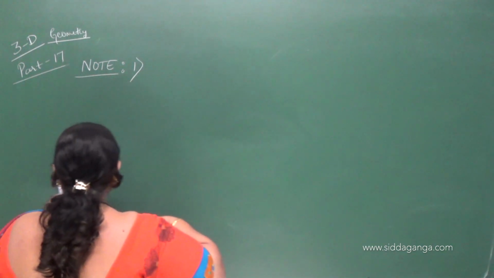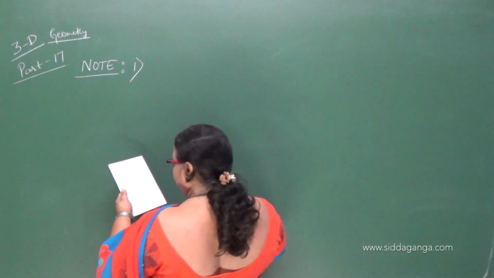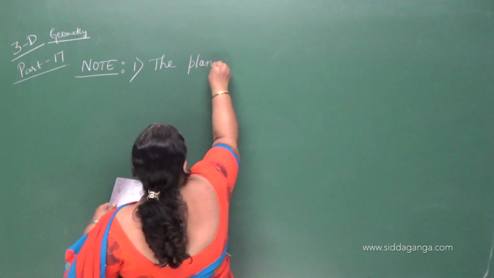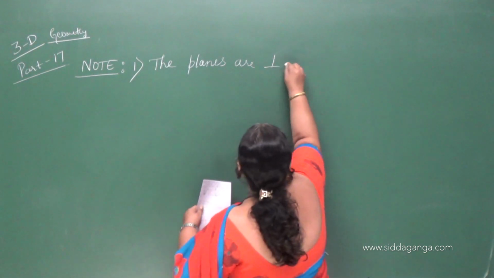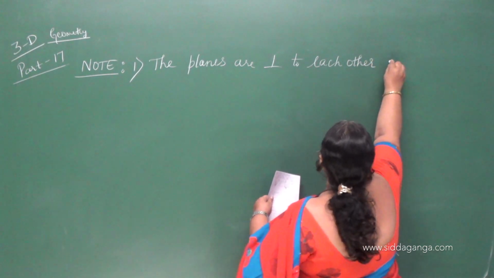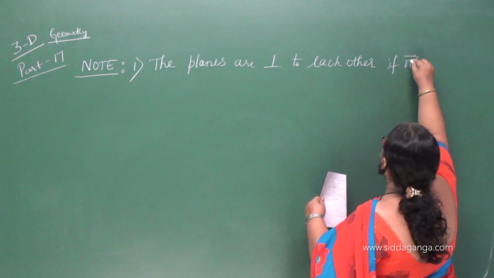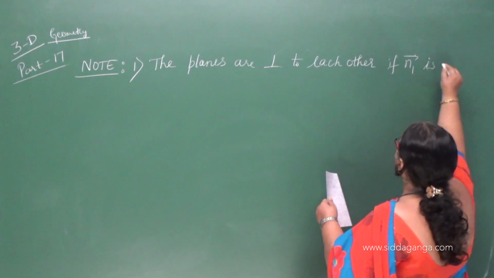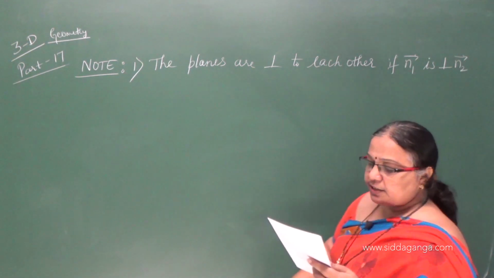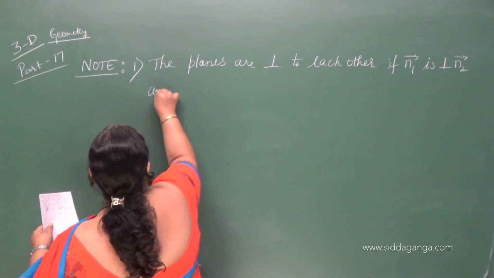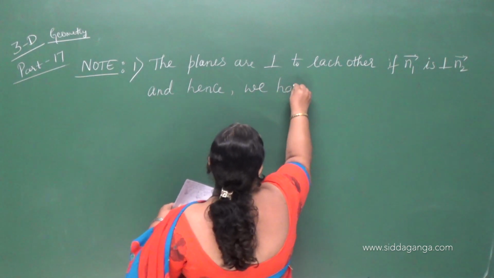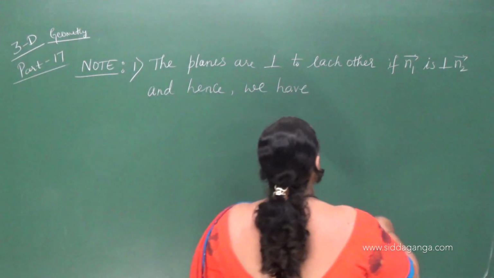So the first one: the planes are perpendicular to each other if n1 vector, the normal drawn to the first plane, is perpendicular to the normal drawn to the second plane, and hence we have their dot product as 0.